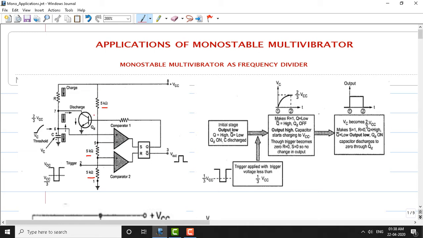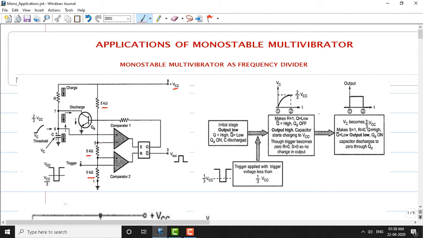So these three 5 kilo ohm resistors establish voltage here. If you apply the voltage division rule, we can obtain the voltage at this point. So voltage at pin number 5 is nothing but VCC times the 10 kilo ohm resistor, this is the sum of these two resistors, divided by 15 kilo ohm.